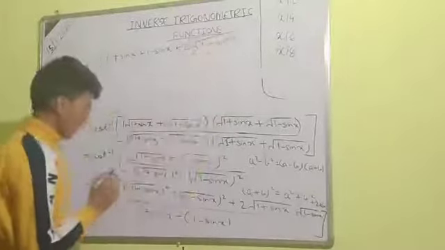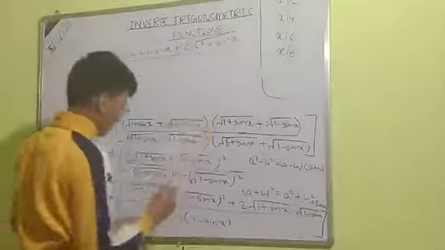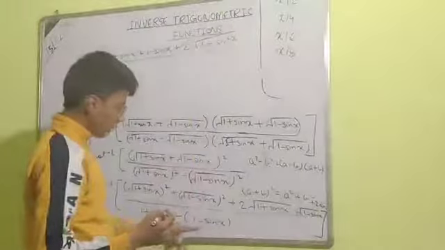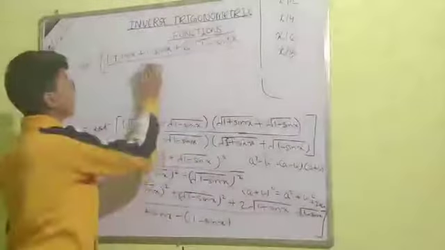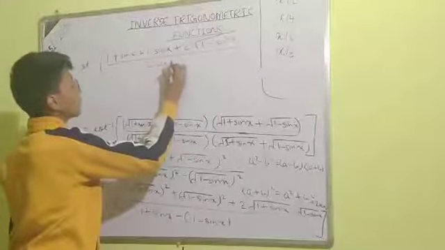Okay, now 1 plus sin x minus 1 plus 1, so plus 1 and minus 1 will get cancelled, and plus sin x, that will be 2 sin x.